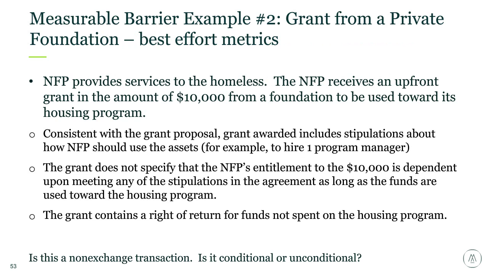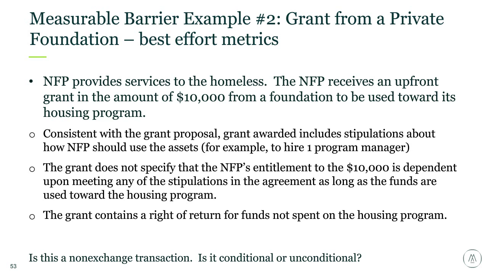Here's another example to look at. In this case, a nonprofit provides services to the homeless. They receive a grant of $10,000 upfront from a foundation that's to be used towards its housing program. Consistent with the grant proposal itself, the grant includes some stipulations about how the nonprofit should use the assets.